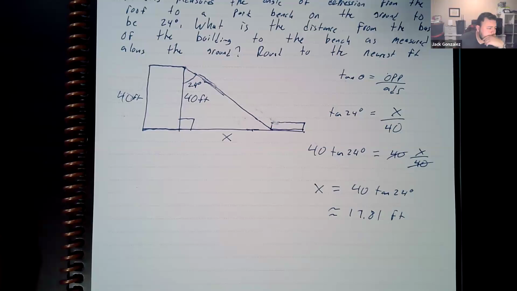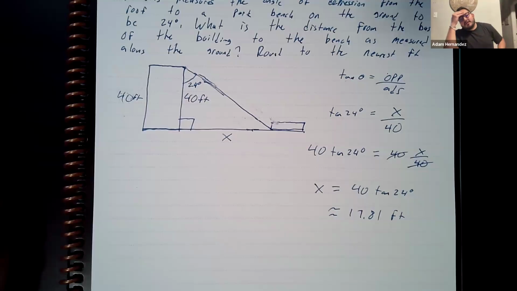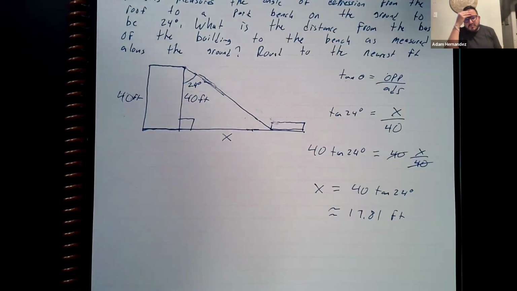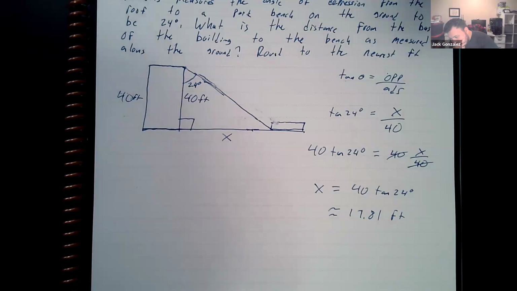I think you're right, but something's bugging me. Let me double check everything. Question: when you have your initial opposite versus adjacent, is it not 40 over x instead of x over 40?